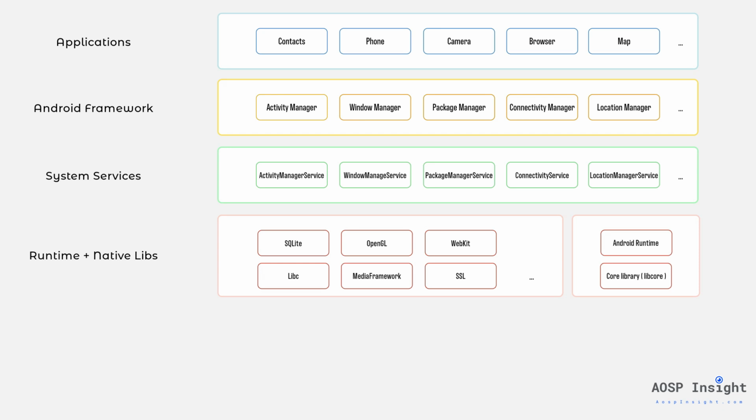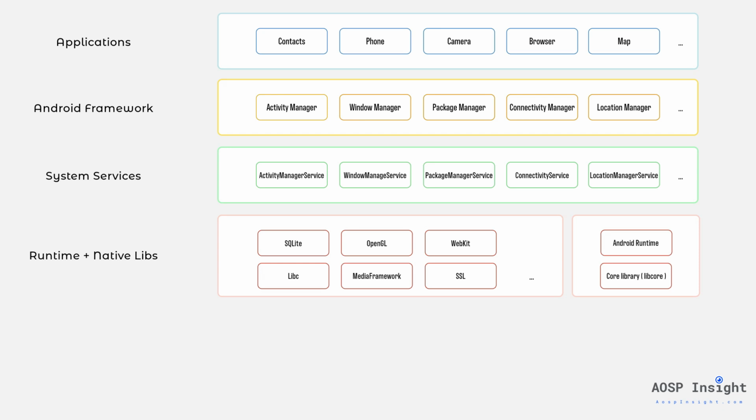In reality, we might have Android runtimes, but for some reasons, there are some libraries provided with native code that we might communicate with directly. So I didn't want to make a confusion. Here you can see that the system services could communicate with some other services as well while they are running on top of Android runtime.